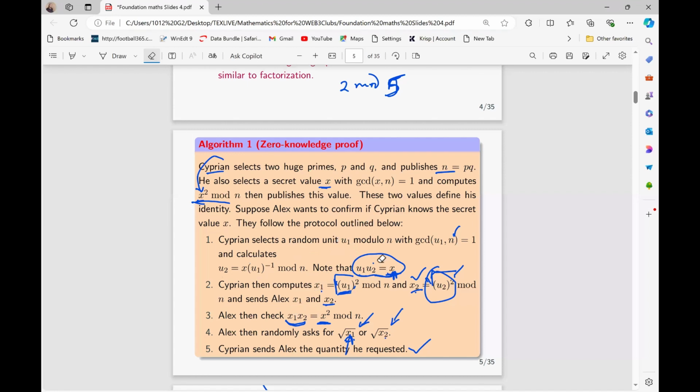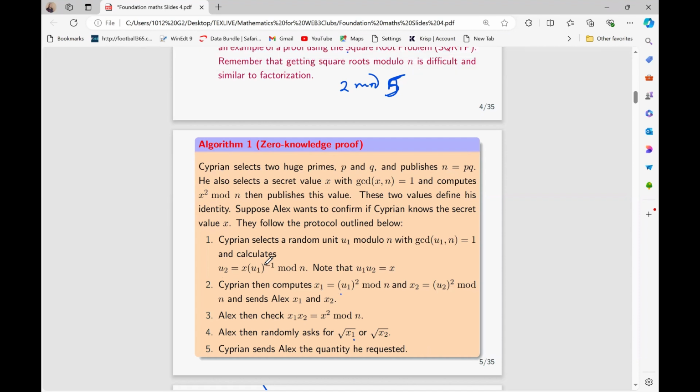So if there was an intruder listening to the conversation, the intruder has n. The intruder knows what n is. The intruder knows what x squared is. The intruder does not know what x is.